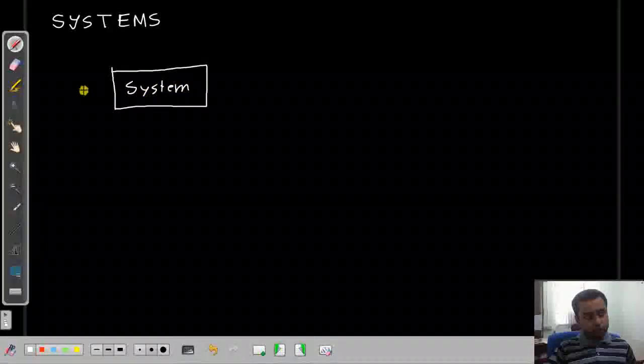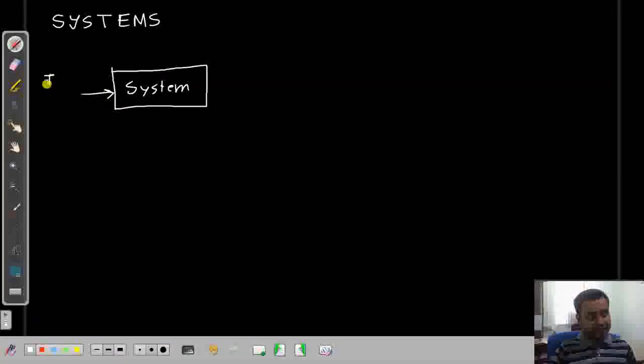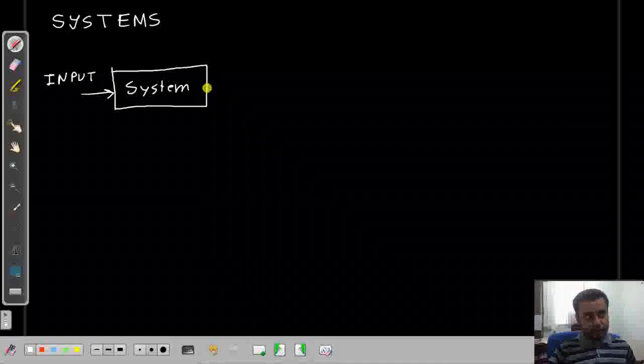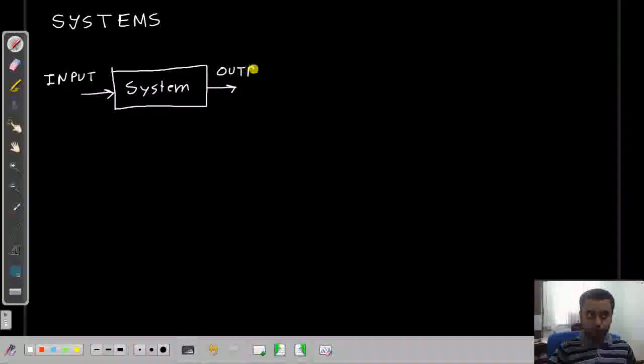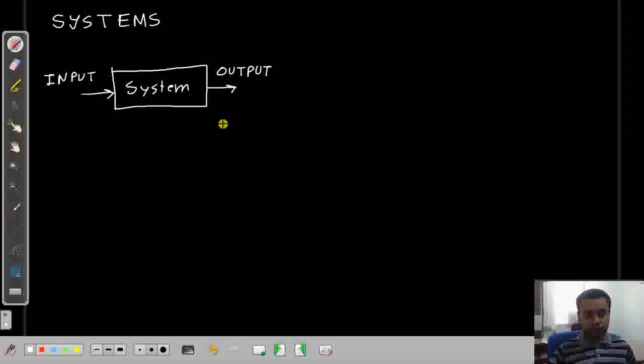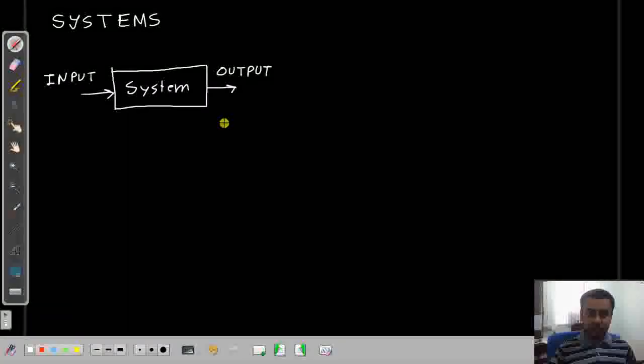We shall put an arrow pointing inward to indicate the input to the system, and an arrow pointing outward to indicate the output from the system. In this course, we shall consider systems with only one input and only one output.